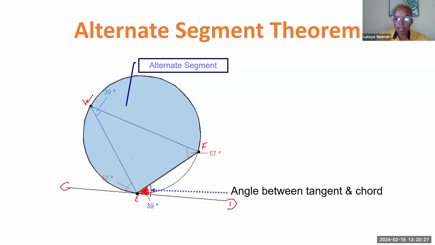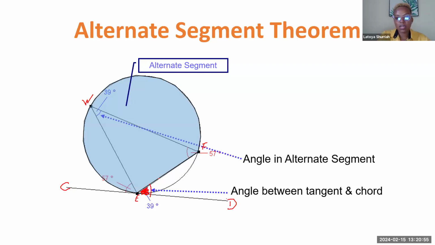So angle W is equal to angle E. What I was saying, this only works when there is a tangent. If there is no tangent, then the angles in opposite segments are not equal.